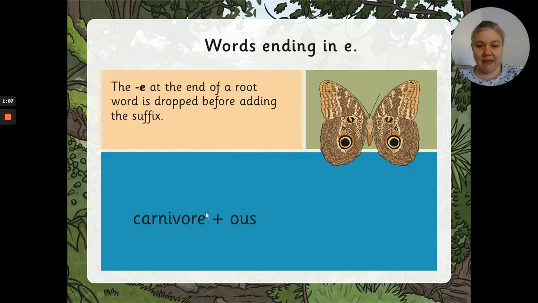I can see that here is the letter E, but to be able to add the OUS suffix onto the end of that word, I'm going to have to take that E away. So when we look at the word with the OUS suffix on the end, I end up with the word carnivorous. You can see here that the E has been taken away before I've added the OUS suffix onto the end.